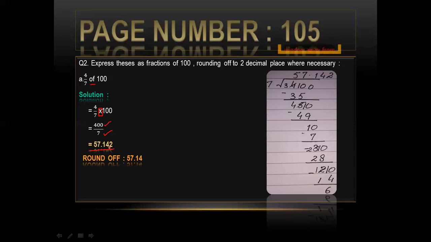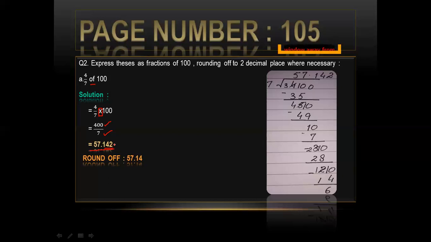In the question, they mentioned rounding off to 2 decimal places. So for this purpose, we need 3 numbers after the decimal. And we have here 142. 3 numbers are there after the decimal. Rounding off, we check the number on the thousandths place. If the number is 5 or greater, the previous one will be increased by 1, and if the number is less than 5, then the previous number will not be changed.